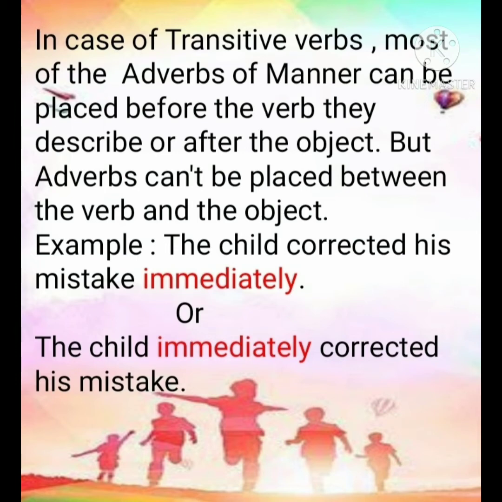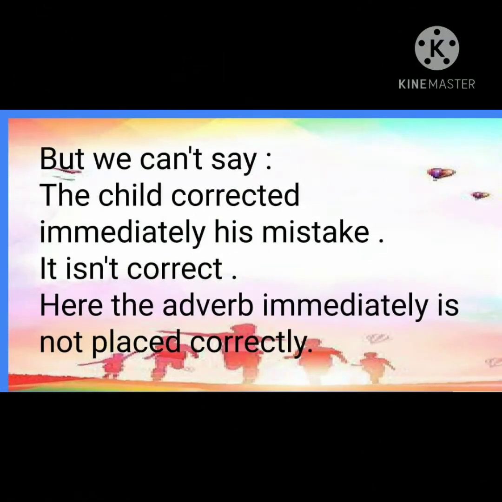In one of the sentences, immediately is used before the verb, and in the other, immediately is used after the object. Both the positions are okay, but we can't say he corrected immediately his mistake. Here, the place of adverb is wrong. So, grammatically, this sentence is not correct.